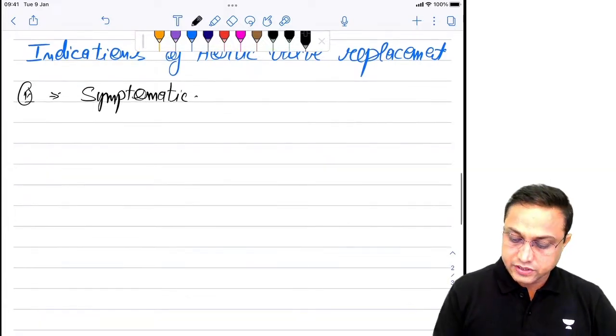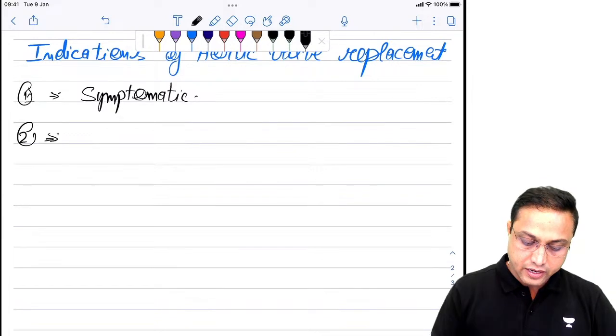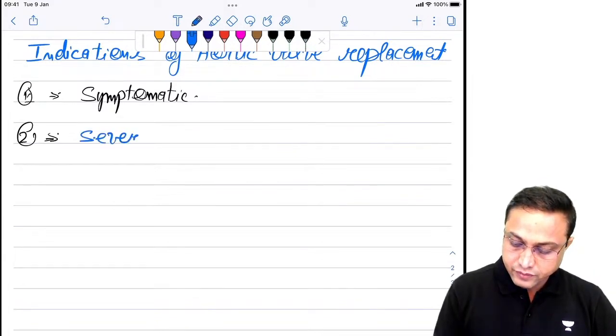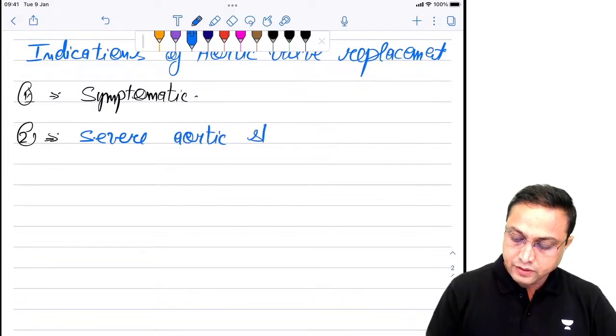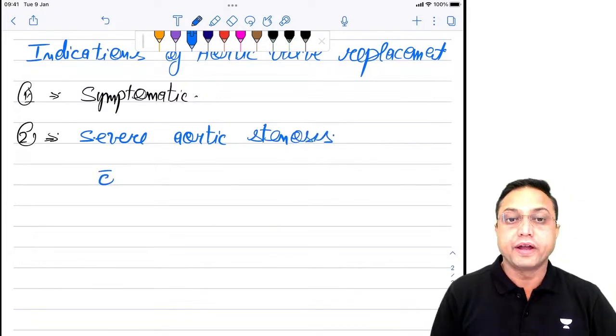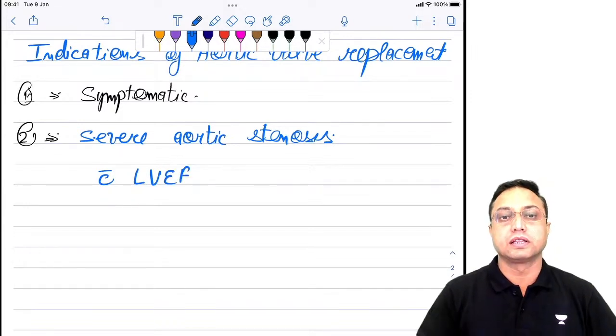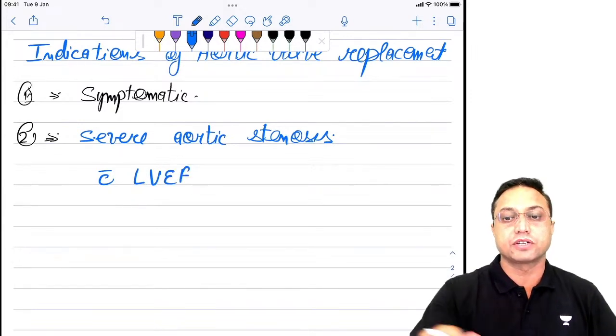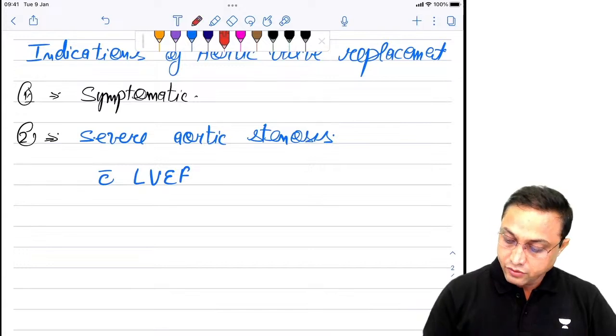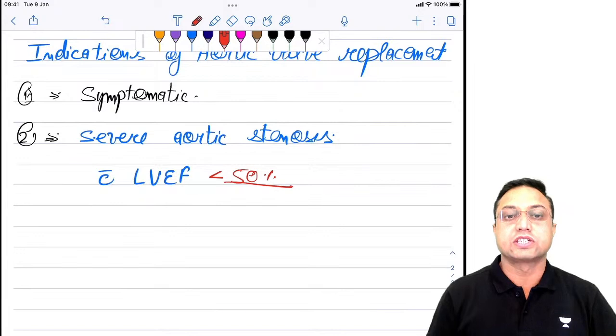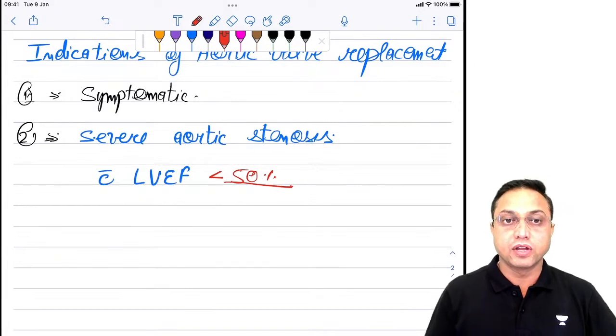Another indication is that the patient should have severe aortic stenosis with, very important, left ventricular ejection fraction. How much is the left ventricular ejection fraction? Less than 50%. Severe aortic stenosis with left ventricular ejection fraction less than 50%.